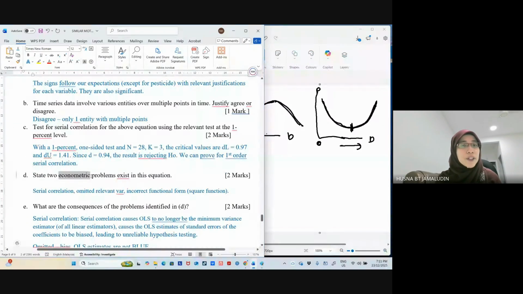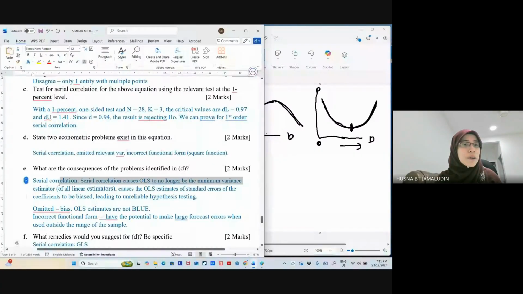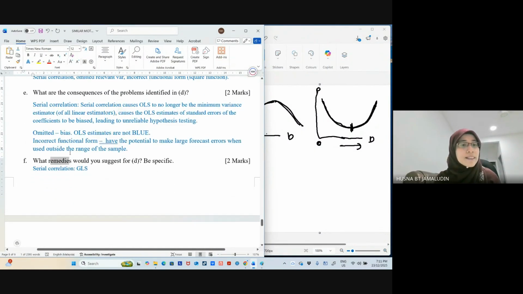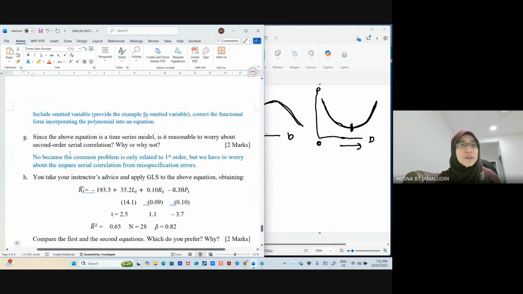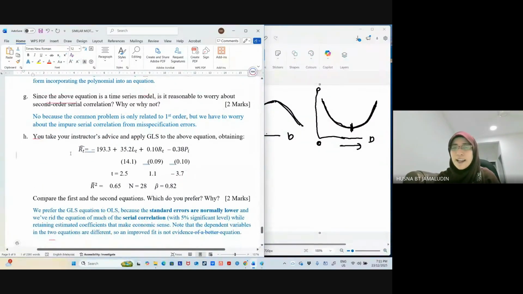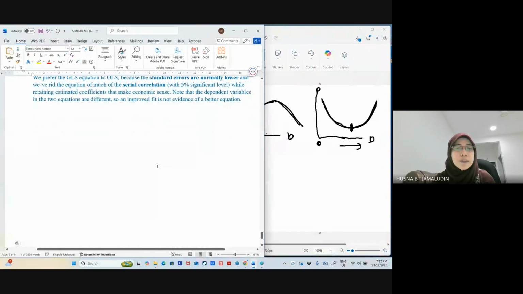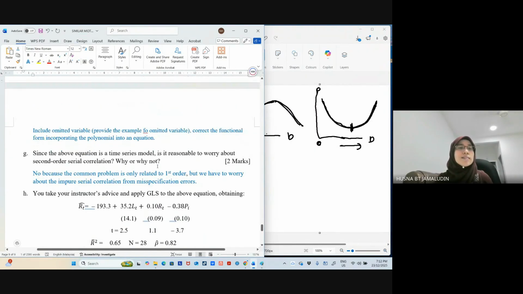Econometric problem you have to figure out. So these are all about the last question. Remedy, how do you spot the problem? How do you identify it? Something like this. So I think you can see the patterns of the question, right? They are very similar. Any question? I think we have covered everything. You can see the patterns are the same.